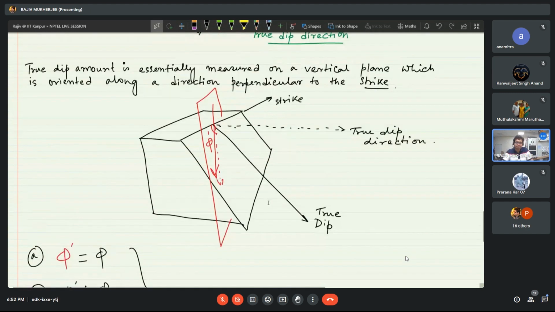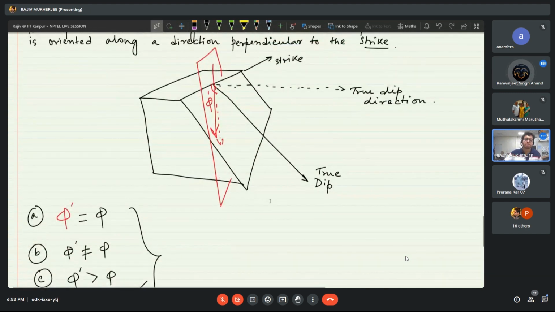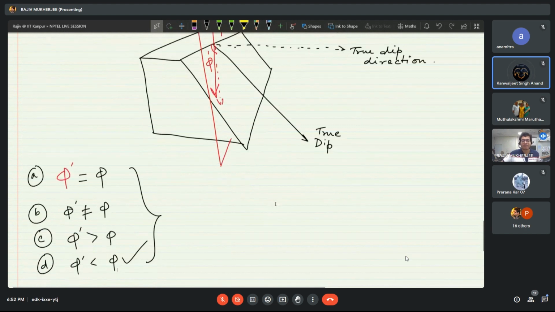Why? It is the apparent dip. Exactly. So apparent dip is essentially less than the true dip. Phi dash is the apparent dip.